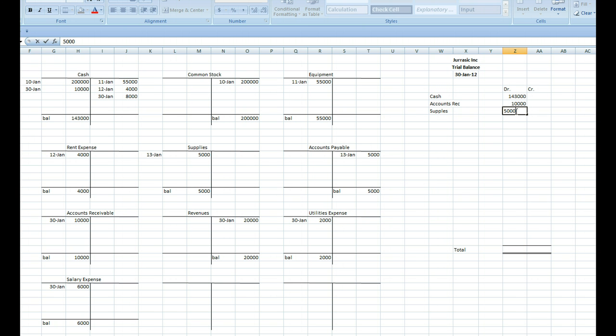The next asset we have is our long-term equipment. Equipment of 55,000. Again, it's a debit balance, so we would put our 55,000 as a debit on the debit column of your trial balance. Now we've gone through all the asset accounts, so it's time to move on to our liability accounts next.